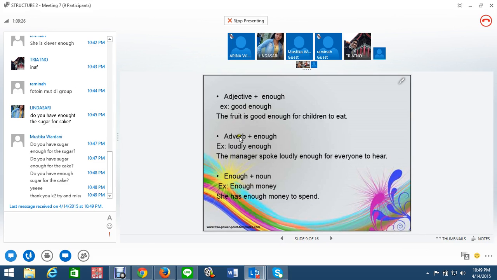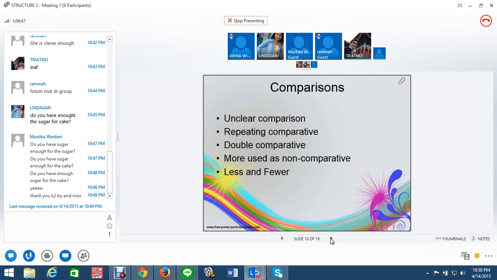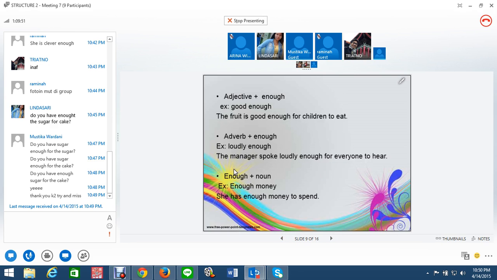Adverb plus enough. So it should be well enough. She speaks Spanish well enough to be an interpreter. Okay, you get it right. Good, that's about enough.